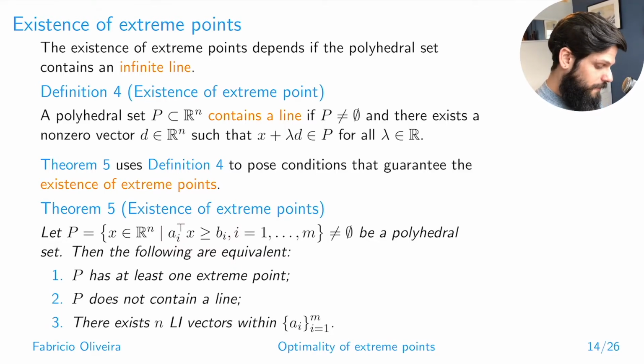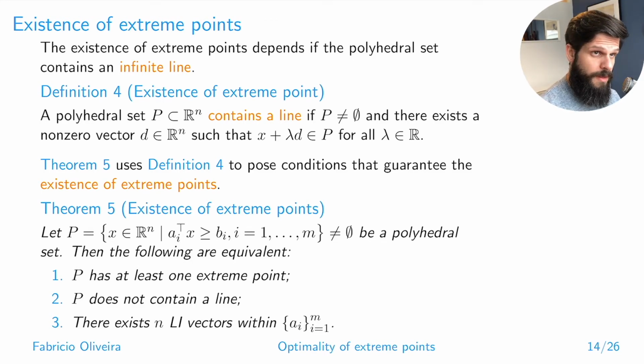If P doesn't contain a line, that is equivalent to saying that it contains at least one extreme point, and that it contains at least n vectors that are linearly independent. We've seen the connection of these two before: an extreme point is a basic solution, and basic solutions connect to having linearly independent vectors. The one thing missing is the connection to containing a line, and for that I'm going to give you a proof by a picture.